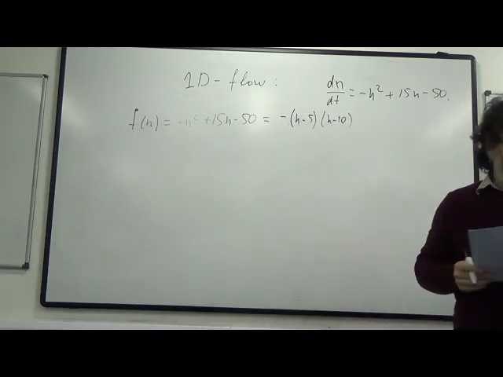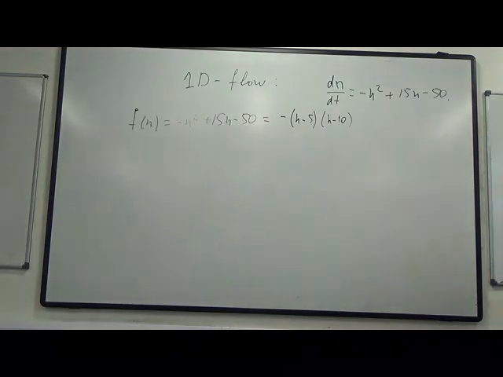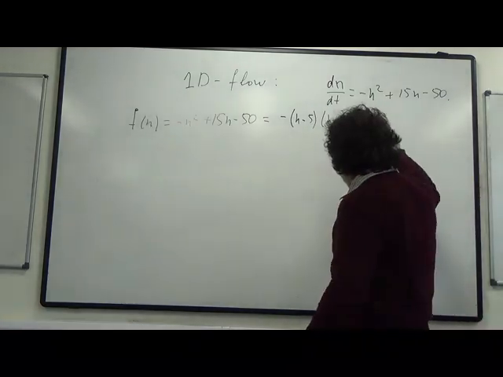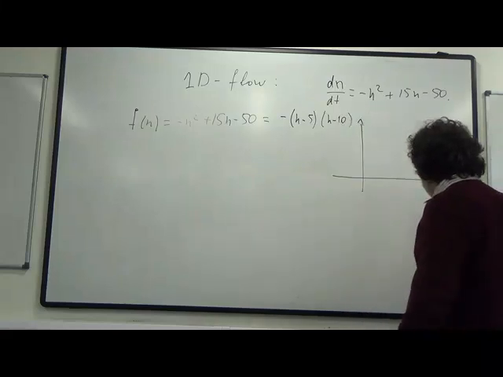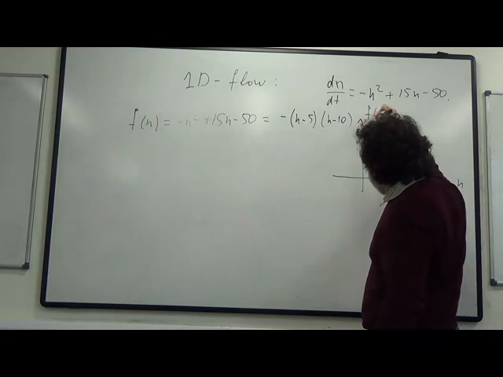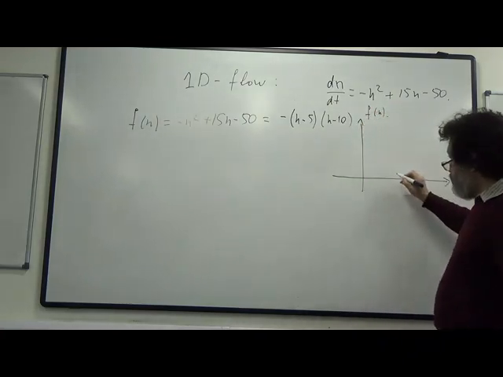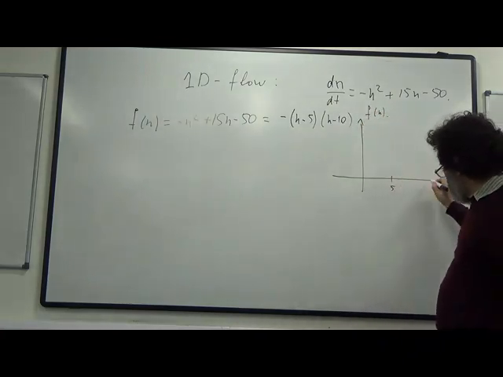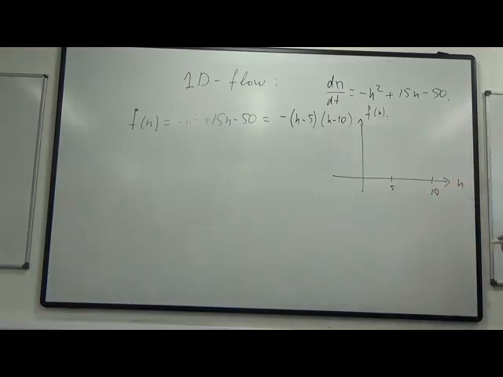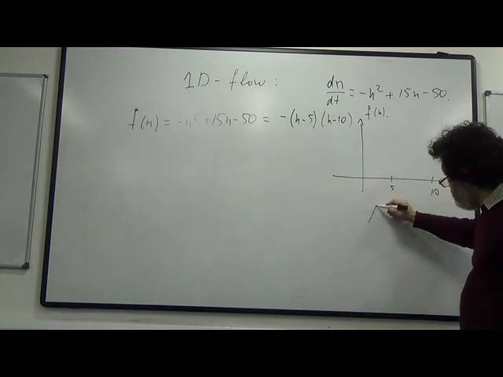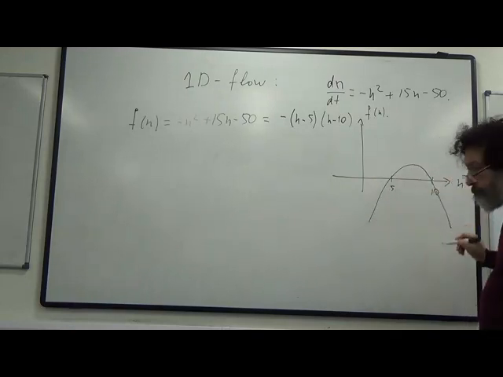You can put it like this. Let's plot it. So this is 5, this is 10, it is concave down, so it should be something like this.